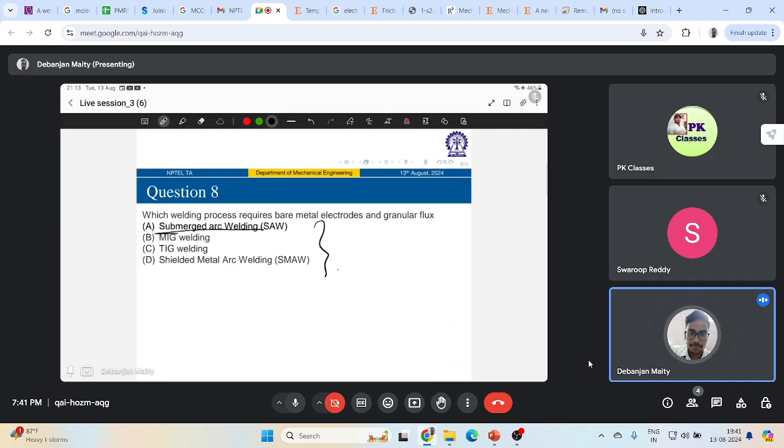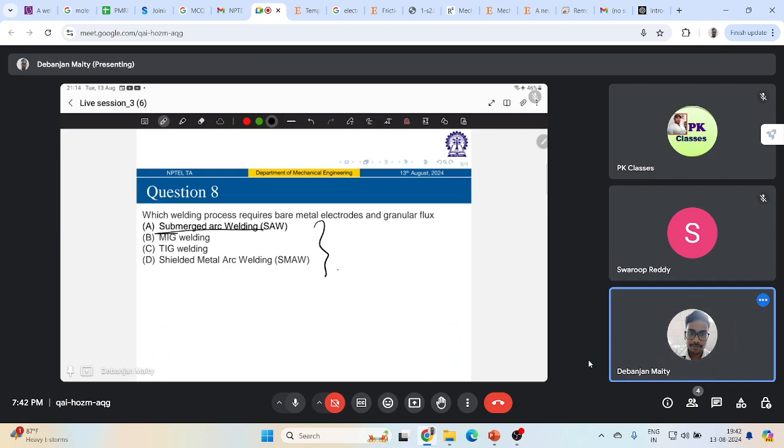Over here, your arc will be shielded by a molten slag and granular flux, right? This differs from the arc welding processes discussed so far in that the arc is submerged and invisible. The flux is supplied from a hopper which travels with the welding torch. No shielding gas is needed because the molten metal is separated from the air by your molten slag and granular flux.